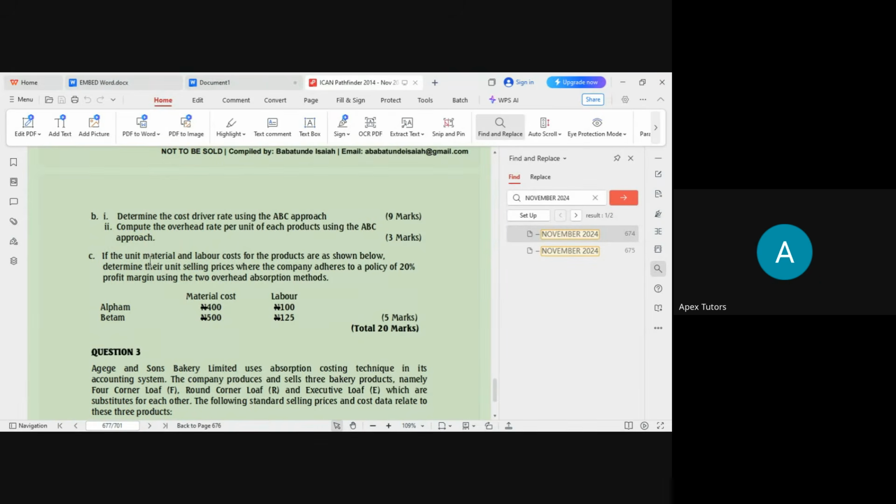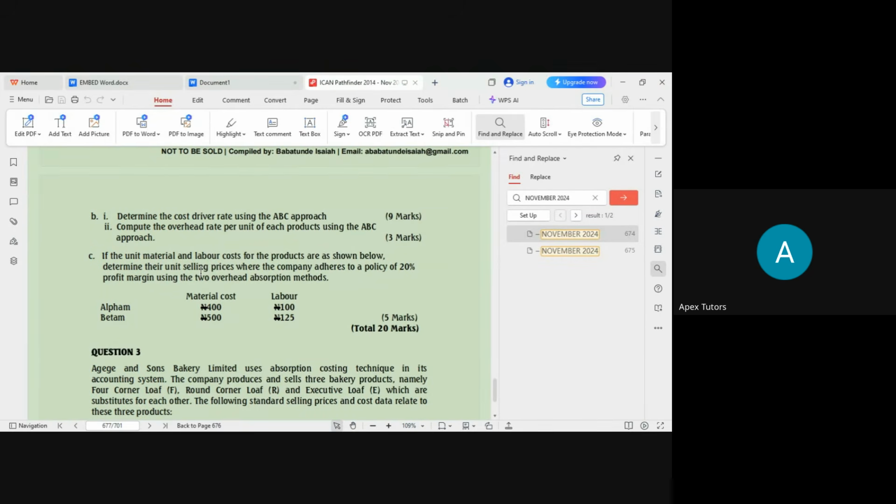That if the unit material and labor costs for the product are shown below, determine the unit selling prices where the company adheres to a policy of 20% profit margin. There was a question we treated in this order. It's not this class.